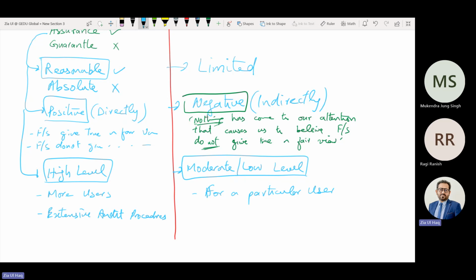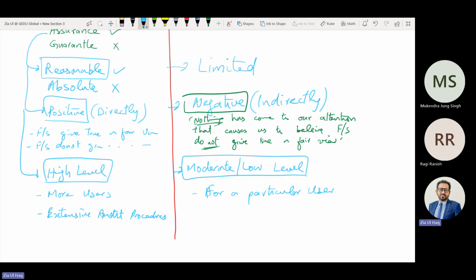If we have provided assurance on a forecast for the investor on his request, it is usable for the investor only, not for any other person in the world. If anybody else is taking a decision based on that assurance, we will not be liable for that because they haven't paid us. High level means for more users, low level means for a particular user.